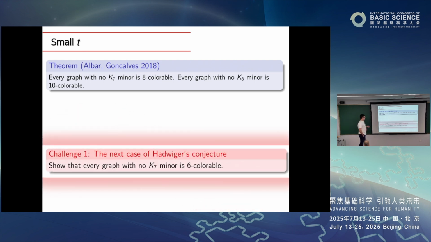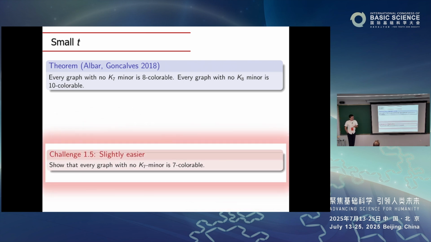And so that offers the following challenges. This is still hard. It's not the four color theorem, but try to do the next case of Hadwiger's conjecture: show that every graph with no K7 minor is 6 colorable. Here is a slightly easier challenge.